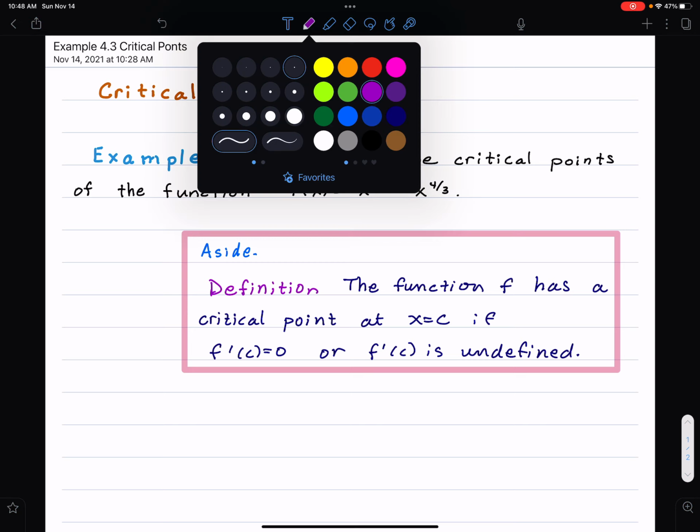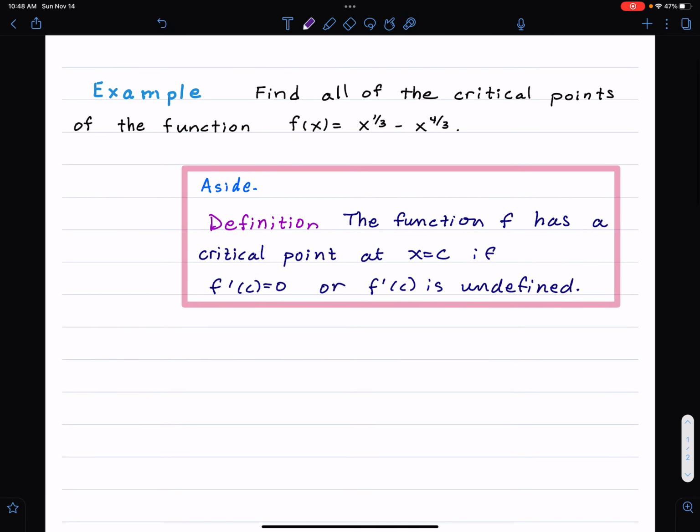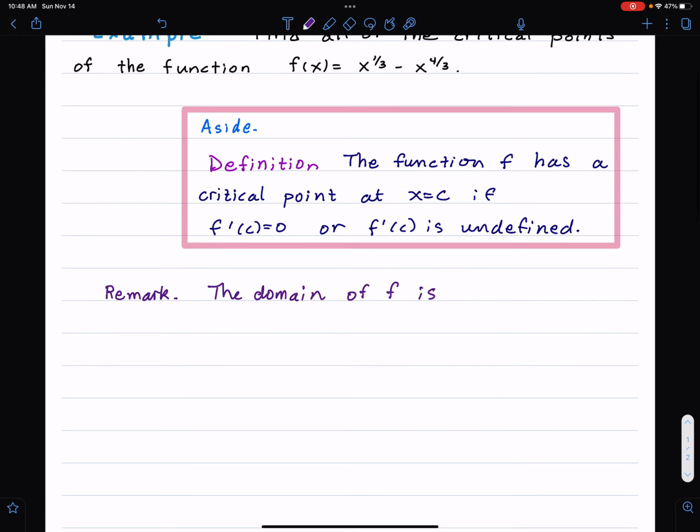One of the things we might want to do is another aside, a remark. The domain of f is all real numbers.